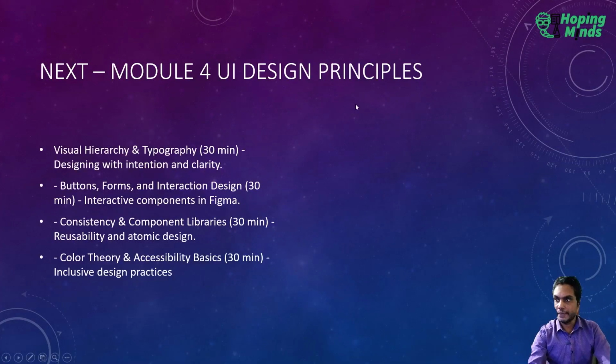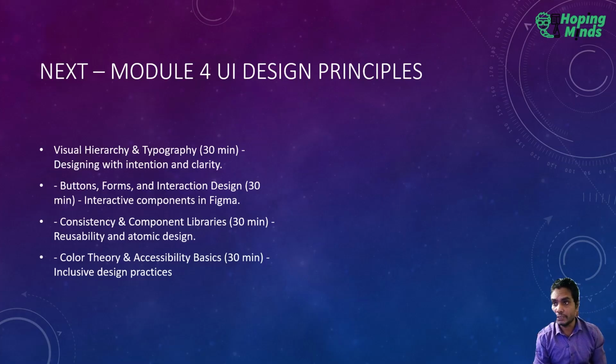Now in next chapter we are going to enter module 4, UI design principle, wherein we will learn visual hierarchy. Typography will learn in detail. We'll learn to create system design, bottom forms, interaction design. Within system design we'll also create interactive component, so that will help us build consistency throughout the application.